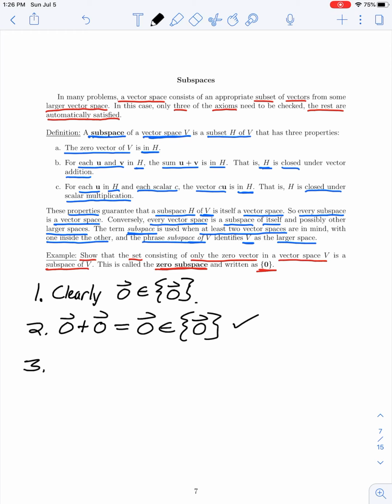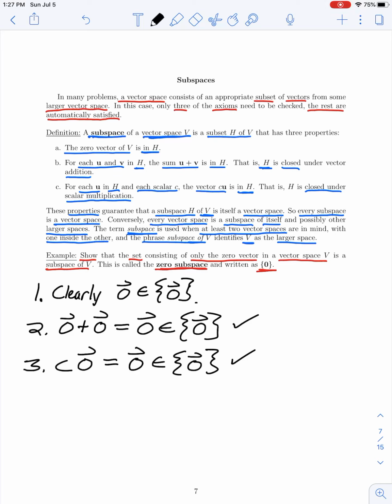So for any scalar c that I would choose, if I were to multiply by any vector in my subspace, which consists of only the zero vector, well, any scalar multiple of the zero vector is still the zero vector by definition, and we know that this is contained within the set which consists of only the zero vector. So it is also closed under scalar multiplication.